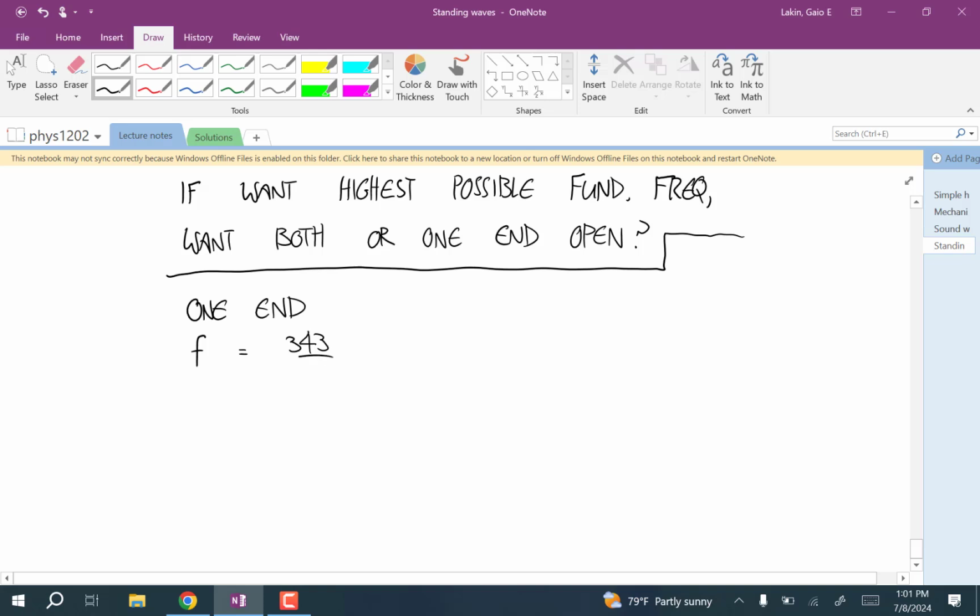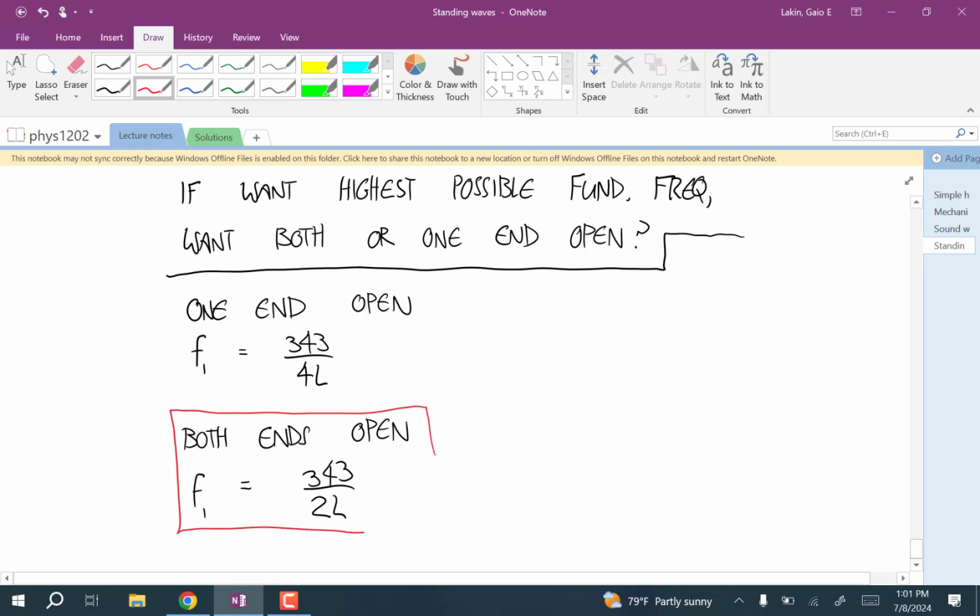So 343 over 4L. The one for both ends open has a fundamental frequency of 343 divided by 2L. So if these L's are the same, which one of these has a greater fundamental frequency?